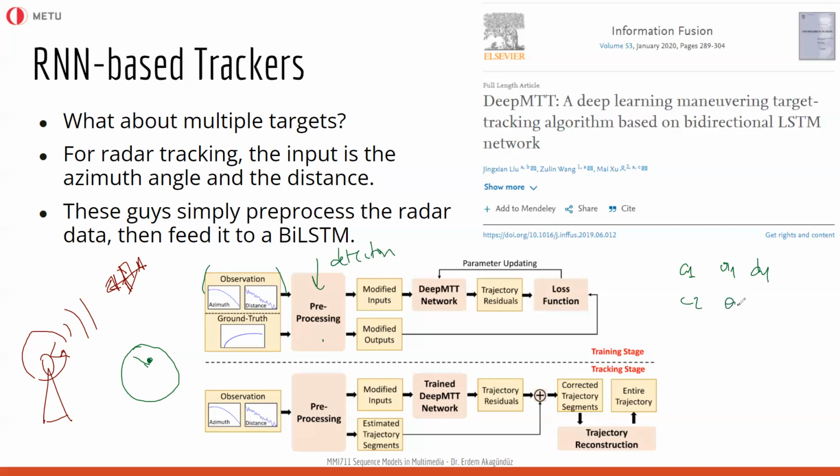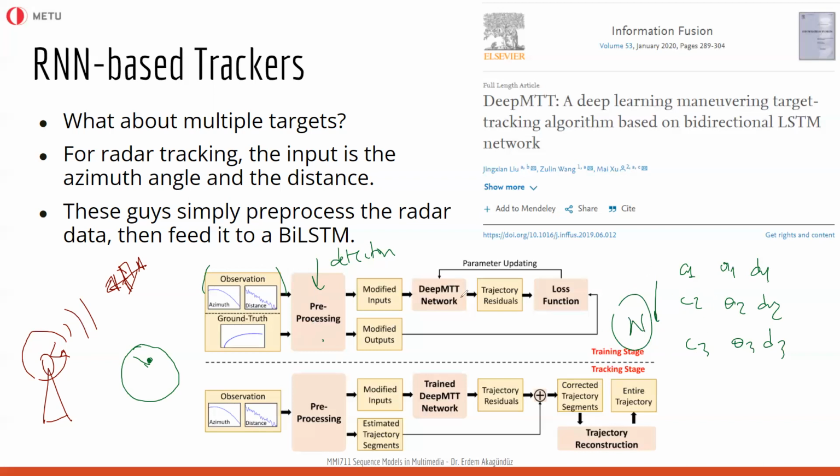Candidate 2 will have azimuth 1, distance 2. Candidate 3 will have azimuth 3, distance 3. These candidates are not necessarily targets. Maybe they are noise, because in radar, there is a lot of noise. So these are some number of observations. We call them candidate targets. These candidates are obtained by a specific preprocessing, a signal processing application on radars to detect the candidates.